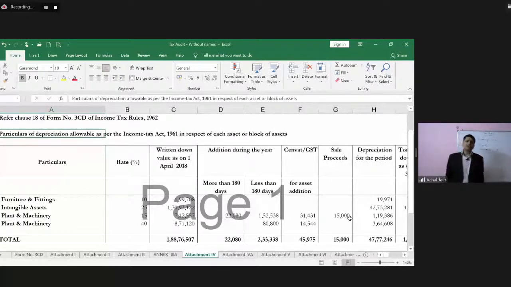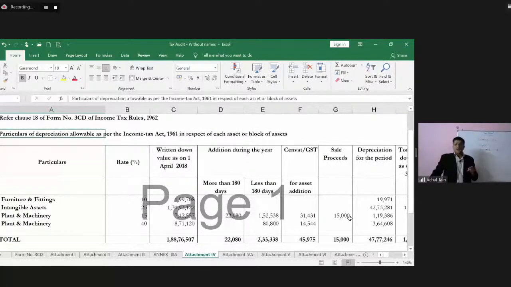Now, how will the tax auditor perform procedures on this? First step, the tax auditor will have to ensure whether the opening WDV is traced to the last year's closing balance.